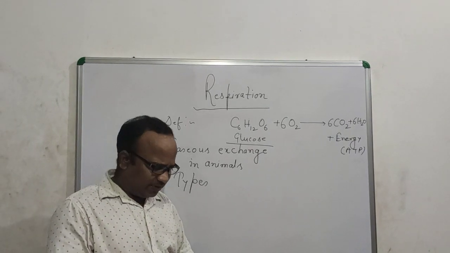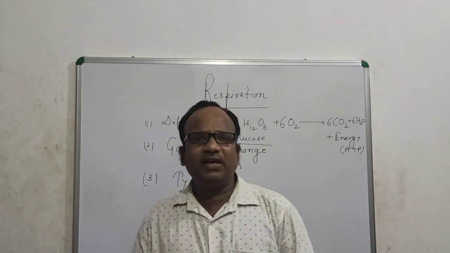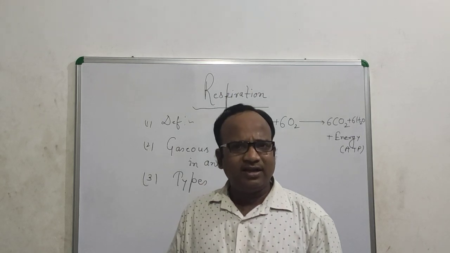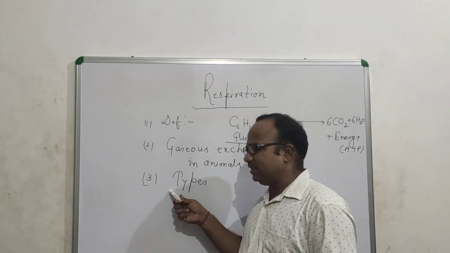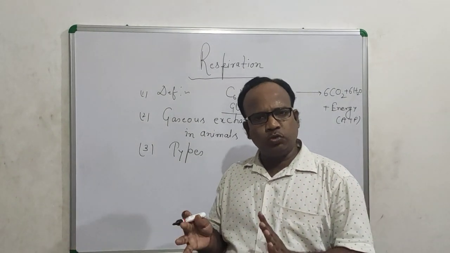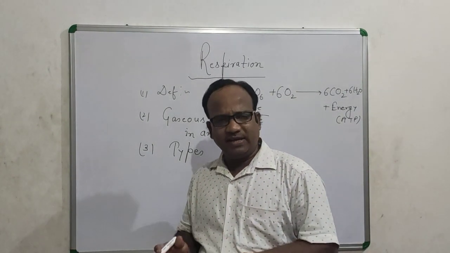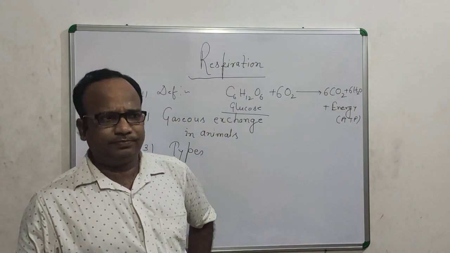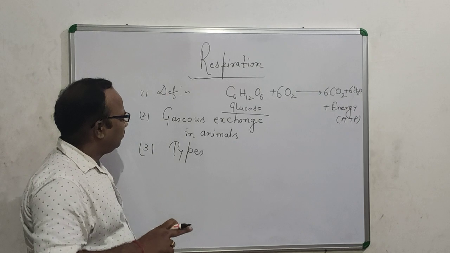One term right now I told you, aerobic respiration. What is aerobic? That I will go to in the types. Respiration is categorized into two types: aerobic respiration and anaerobic respiration. We will go later on.